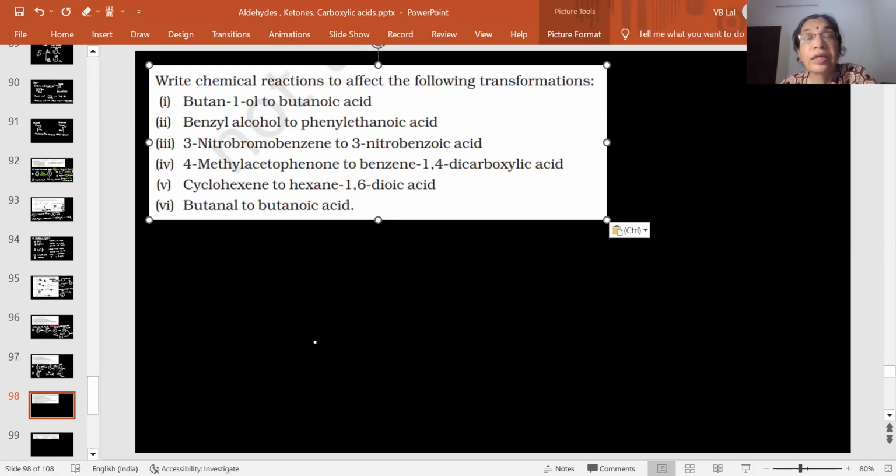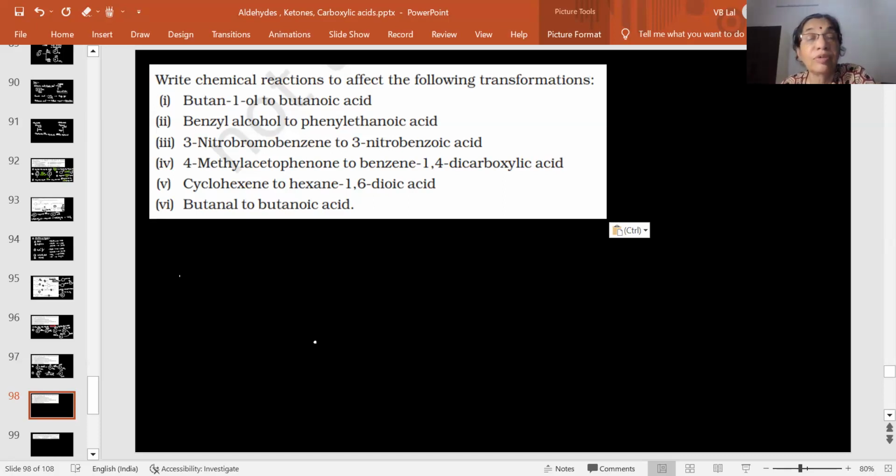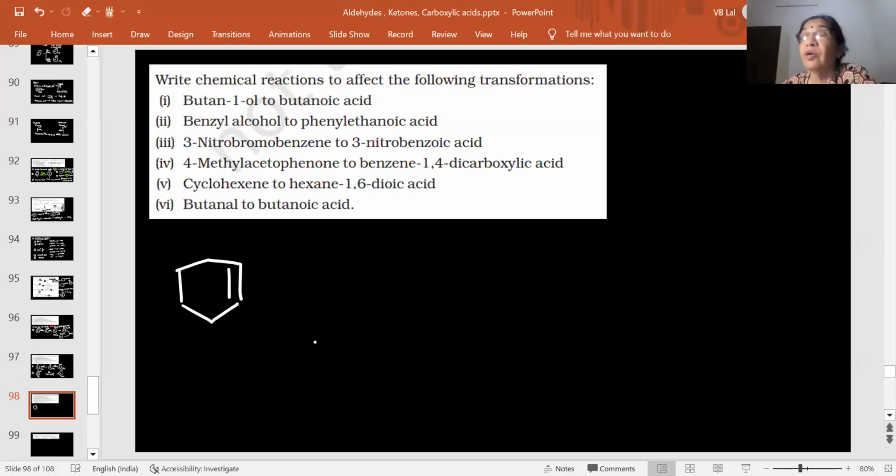Cyclohexene to hexane-1,6-dioic acid. Very good conversions, and very high level. Let us write cyclohexene. These are all from your textbook. And what do I need to prepare from here? Hexane-1,6-dioic acid.